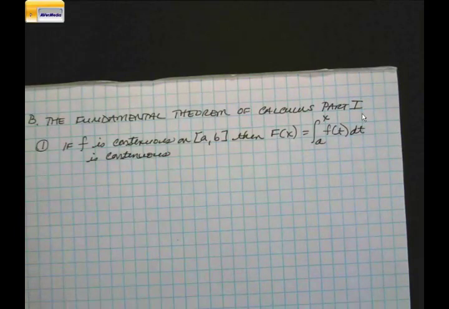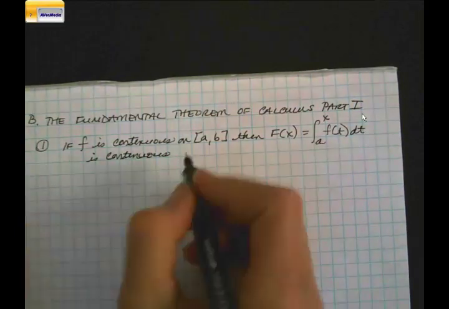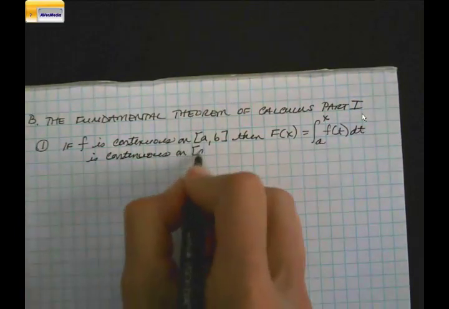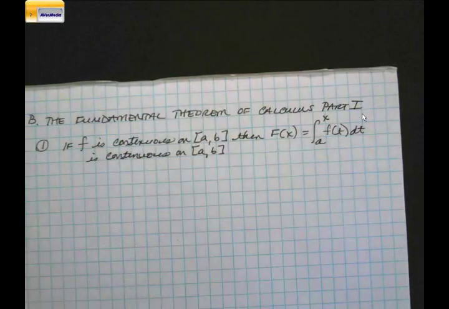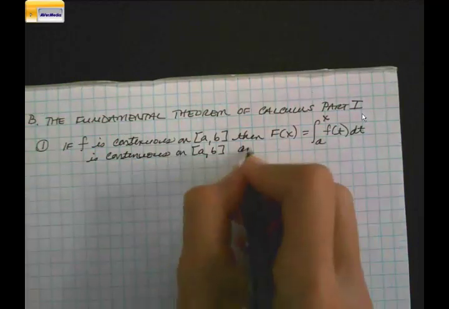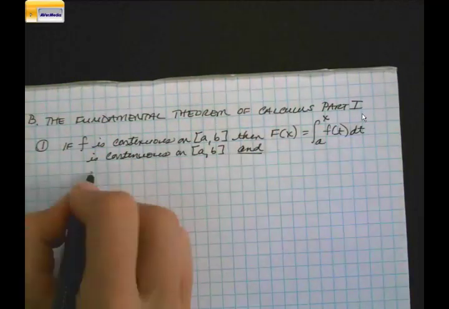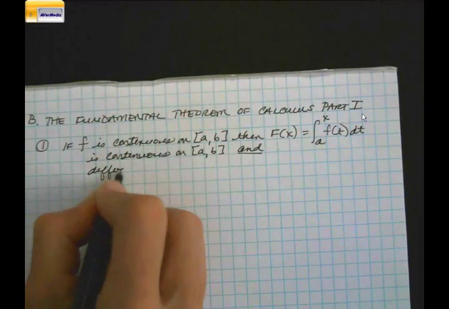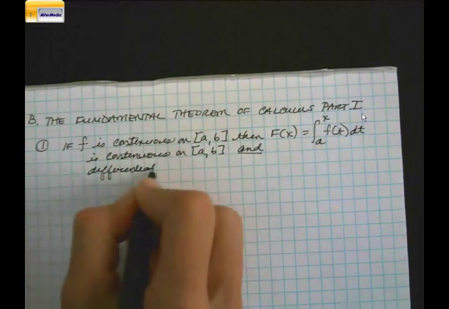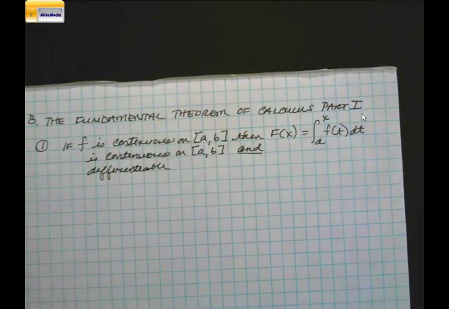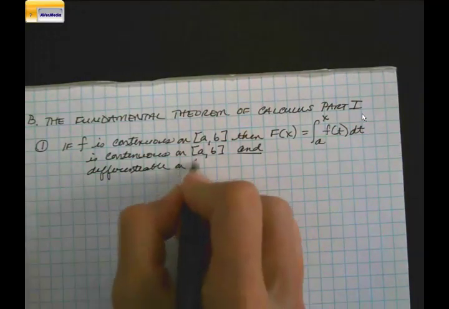On a to b. So your little f of x and your capital F of x, which is your antiderivative, are both continuous. And not just continuous, but also differentiable, meaning there are no cusps on your interval a to b.